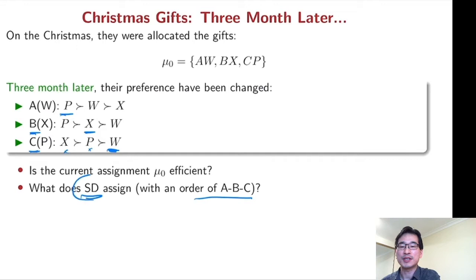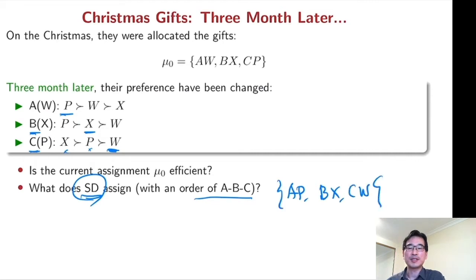So this serial dictatorship algorithm gives them an allocation of AP, BX, and CW. So is this efficient? Yes. As we studied in the previous video, we know this assignment is efficient, so no one can be better off without harming someone else.